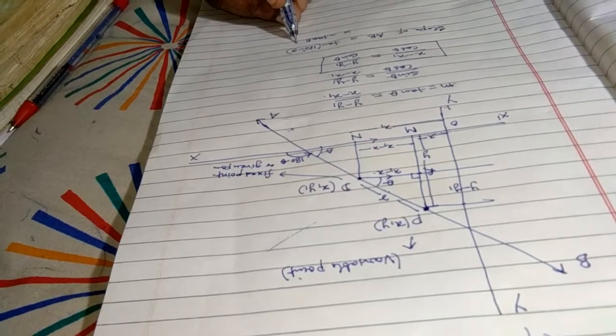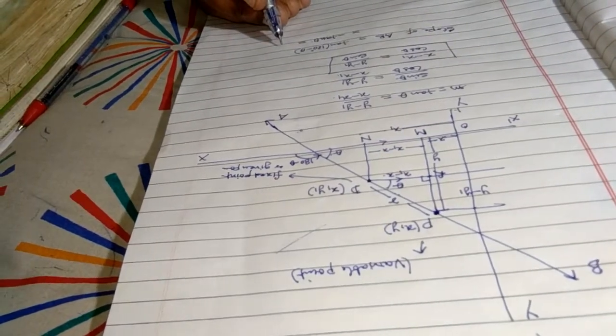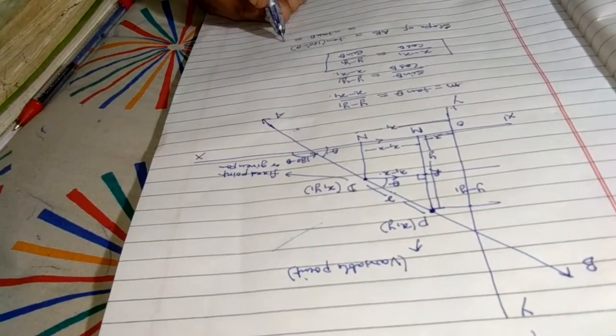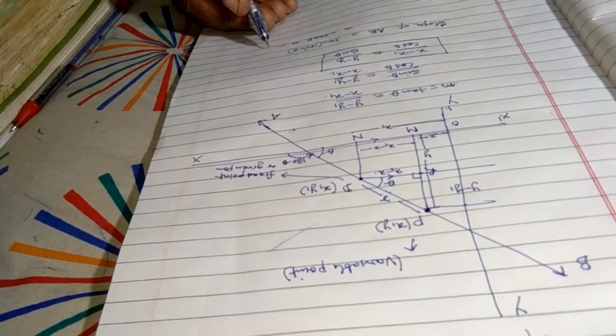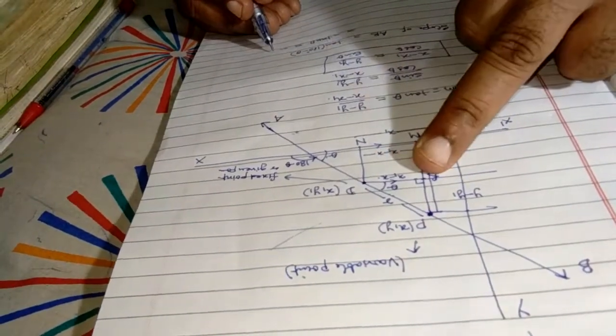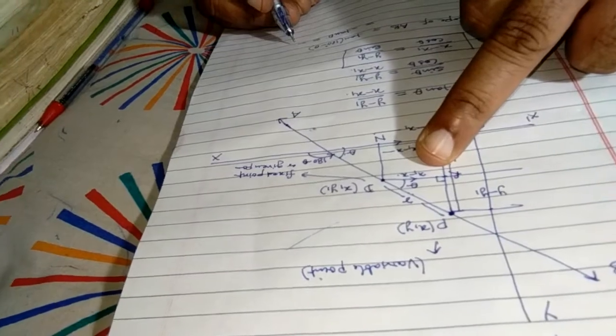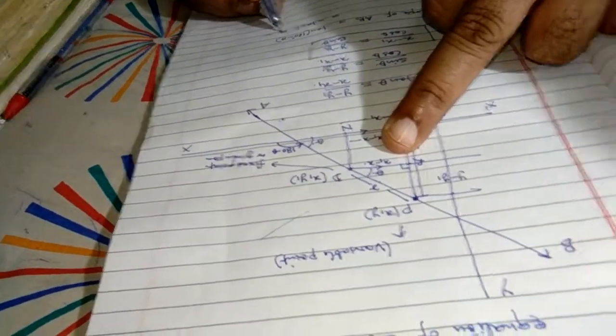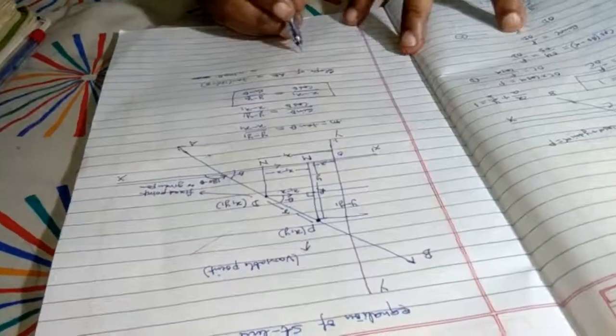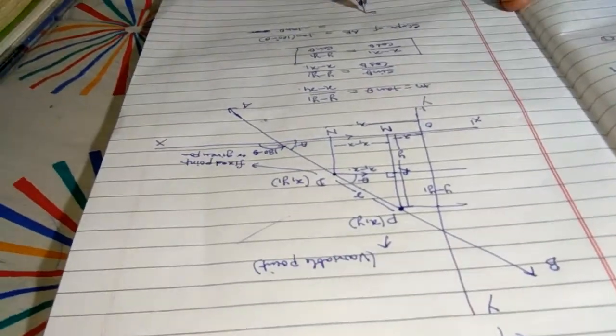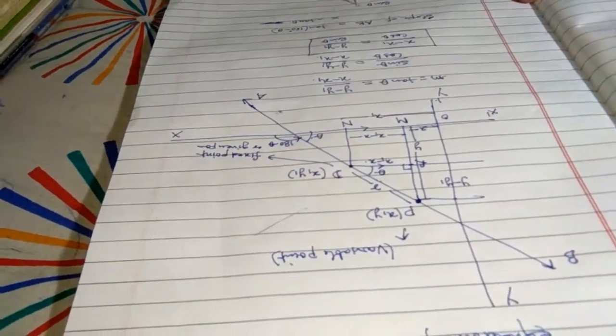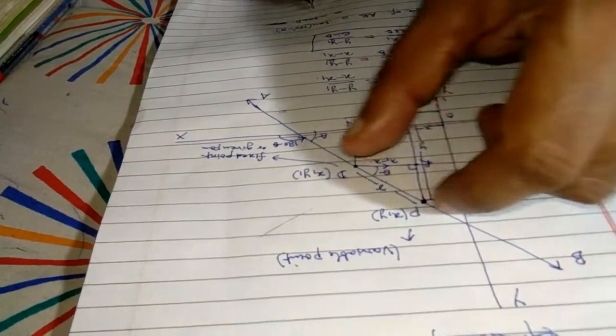Second, in this triangle sin theta is equal to perpendicular by hypotenuse.